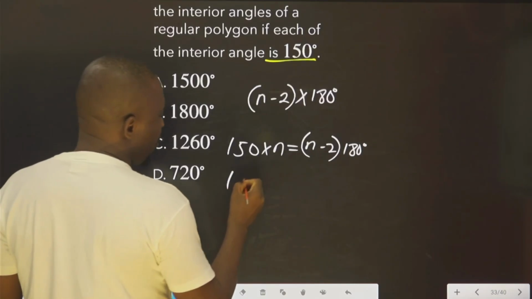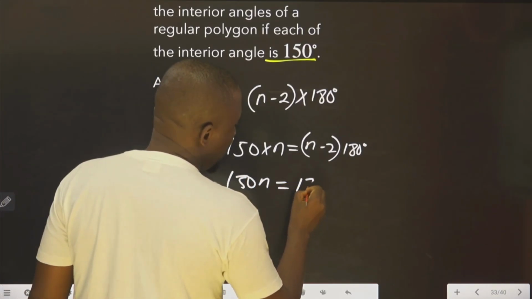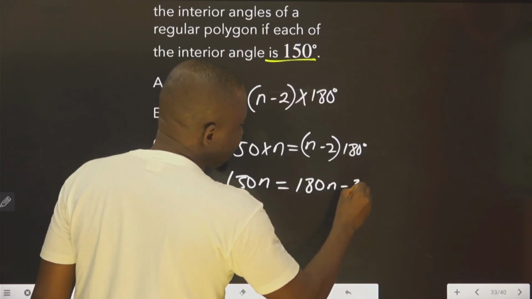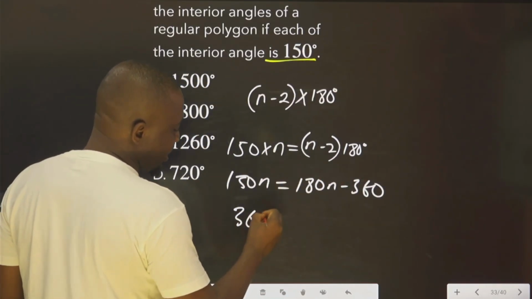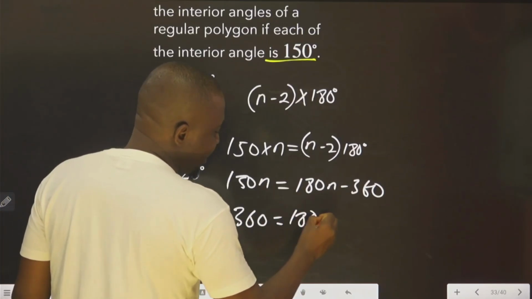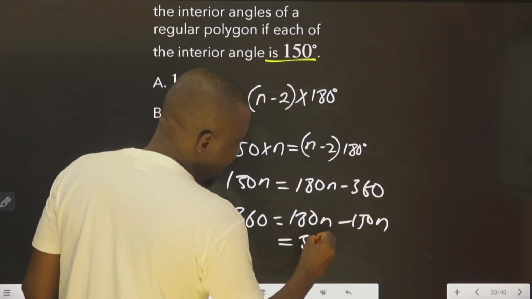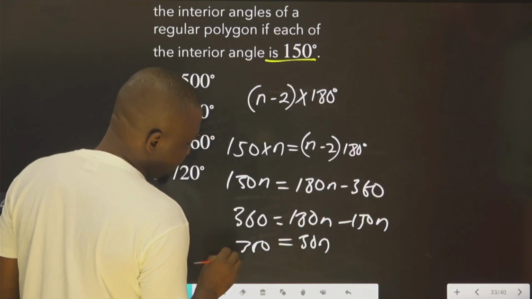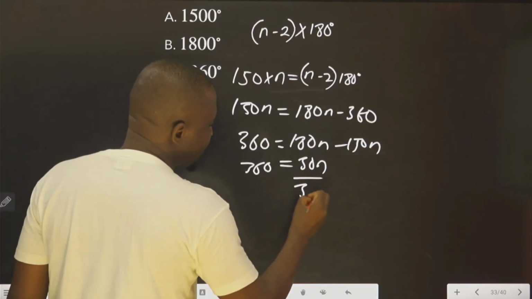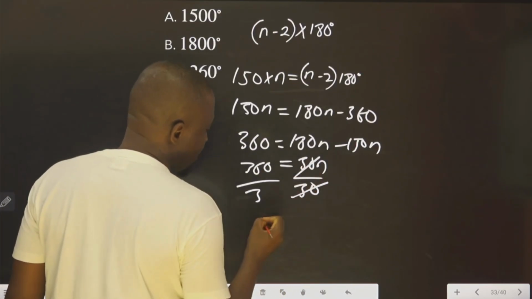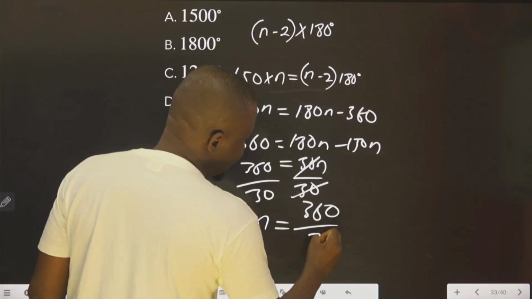Okay? That is 150n equals 180n minus 360. So I'm going to come here with 360, 180n, coming here with 150n to have 30n equals 360. We divide both sides by 30, and therefore it is 360 over 30.